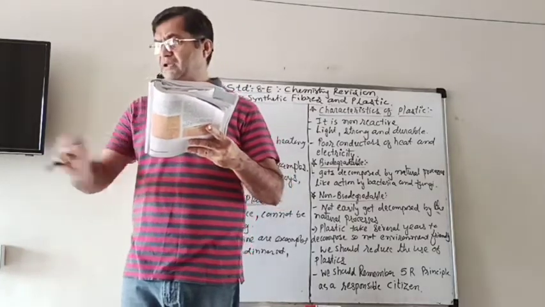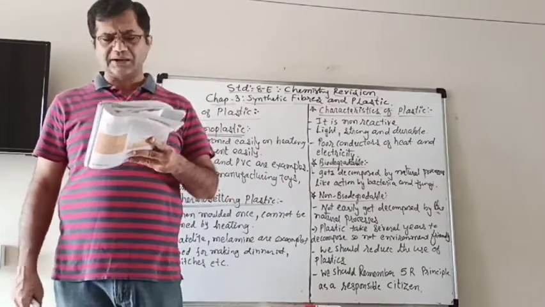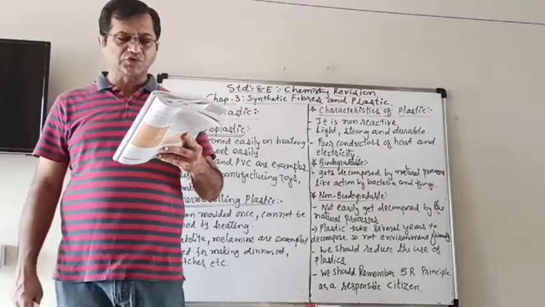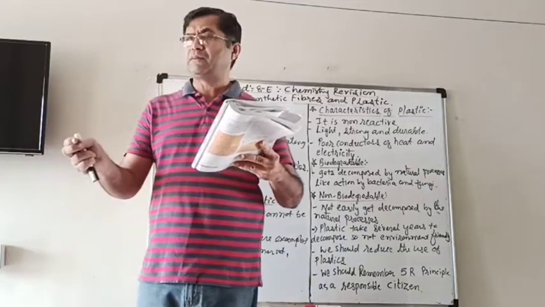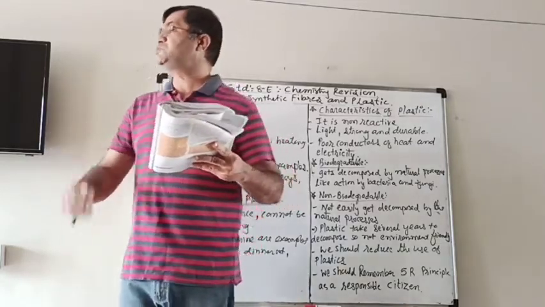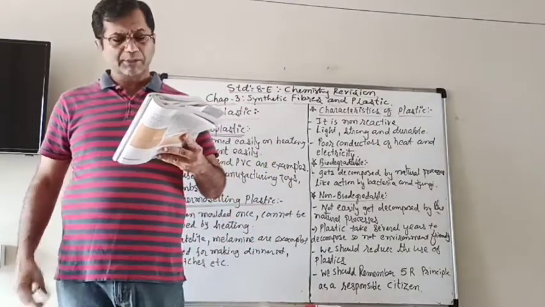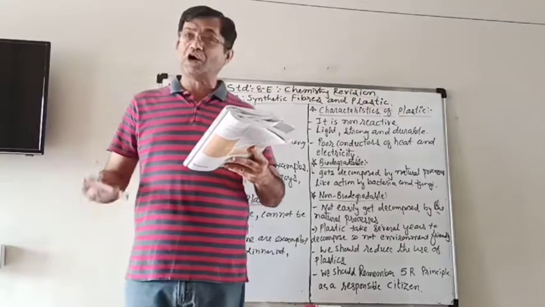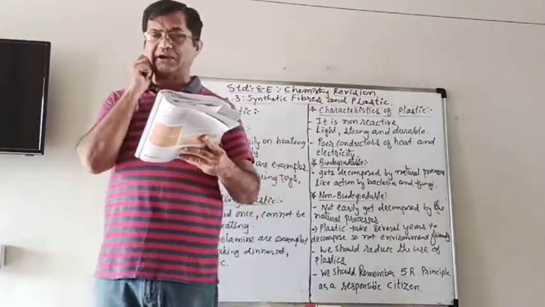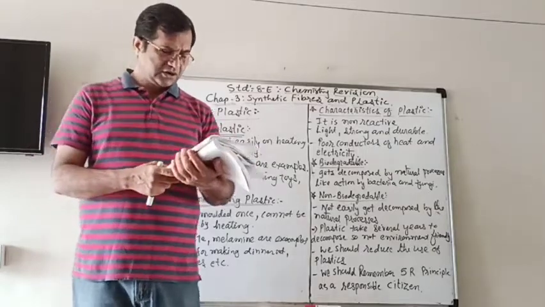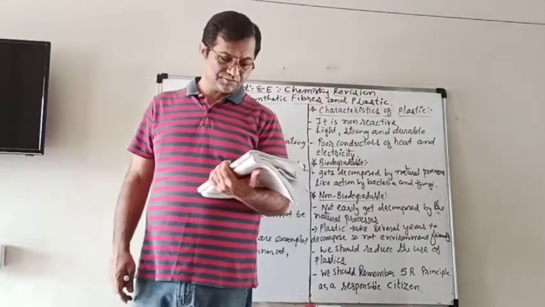Some are very quickly biodegradable, like peels of vegetables, fruits, leftover food stuff. That will be biodegradable, and they will decompose within 2-3 weeks. Paper will take nearly a month. Cotton cloth also is biodegradable, but it will take a little more time, like 2 to 5 months.